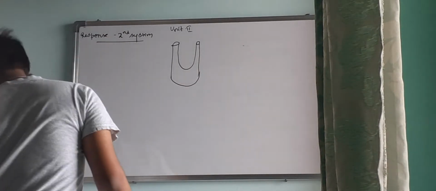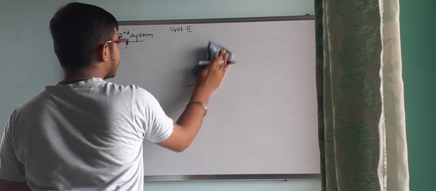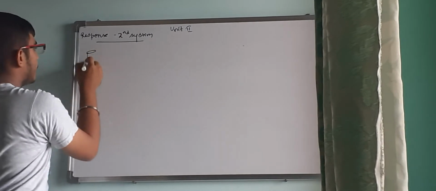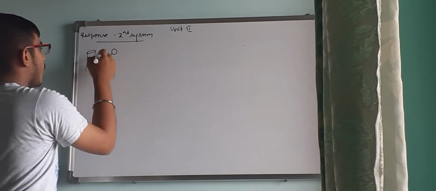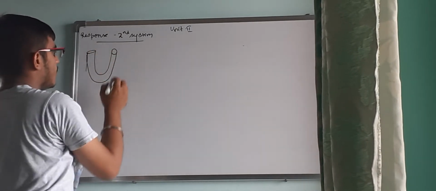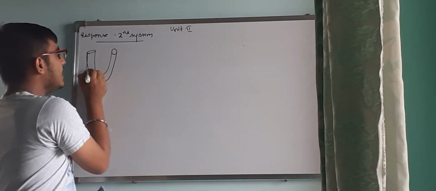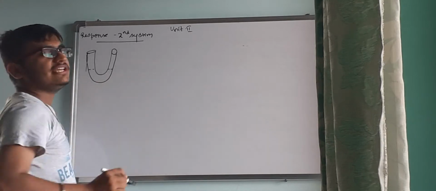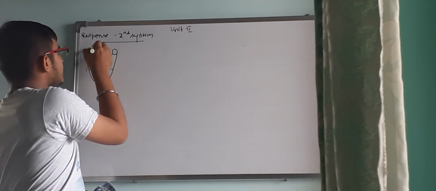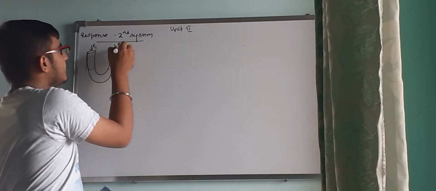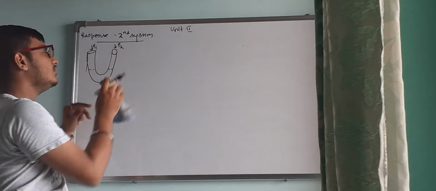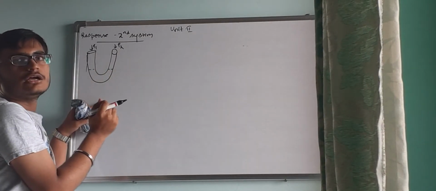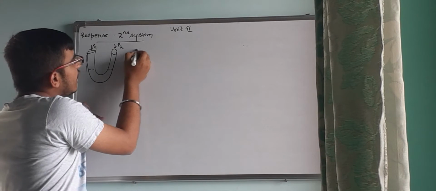So U-tube manometer is considered as the second order system. Initially let the mercury levels be the same on both the arms.